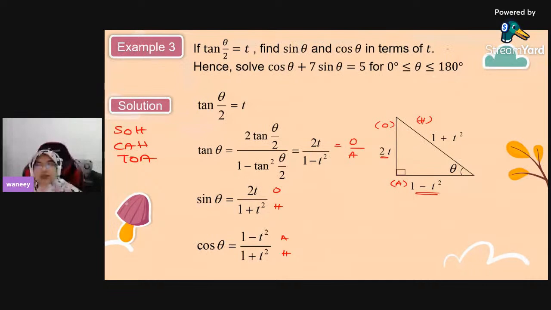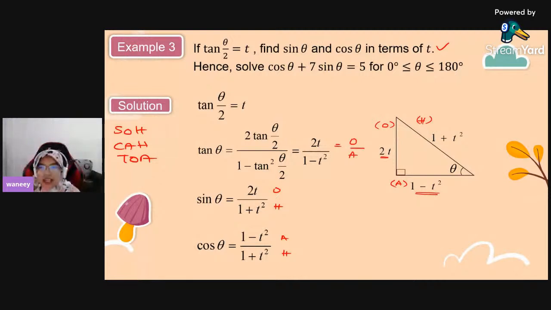So that is the first part of the question. This is quite a long question, so do make sure to read your question carefully. We have done the first part and now we need to solve them.